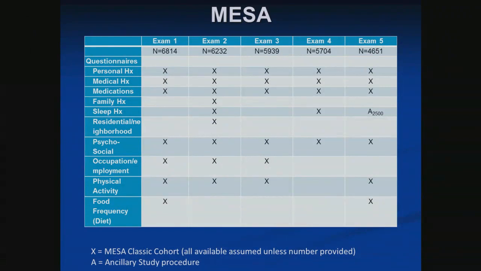Of the 4651, they took 2,500 participants and recruited them for this sleep study. That's a great way to get participants, and you're within the parent study. But when you are looking for data, you have to know: is this a subsample? Is it the entire sample? So that's part of becoming familiar with the data set.